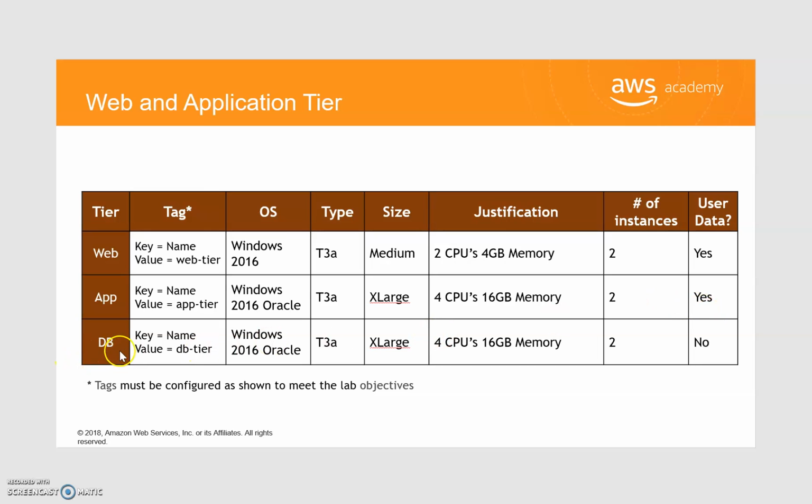And then this is the database tier with the name, and this is also Windows and Oracle. And then the T3 X large, and then 4 CPUs, and then 16 gigs of RAM. 2 instances created for each for redundancy.